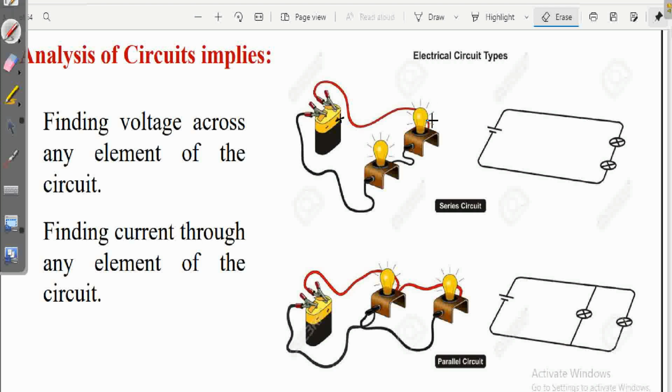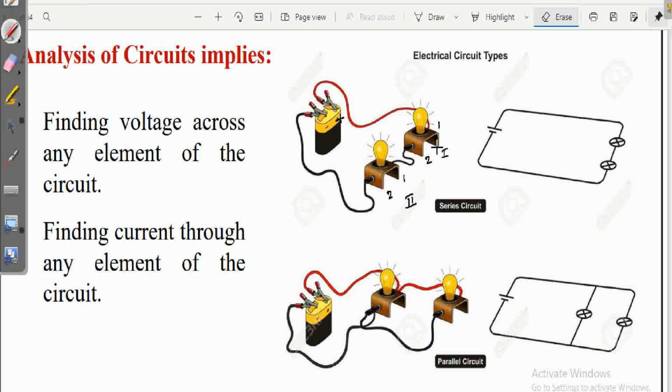The positive polarity from the battery is connected to one end of the first bulb, and from its second end there is a normal wire to the first end of the second bulb.